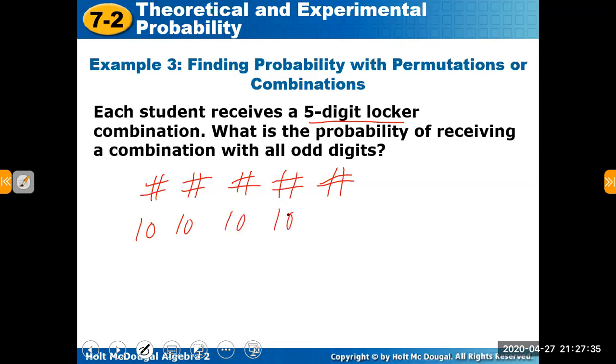So it will be 10 multiplied five times, which is 10 to the power 5. This here is total outcomes. Total possible outcomes.